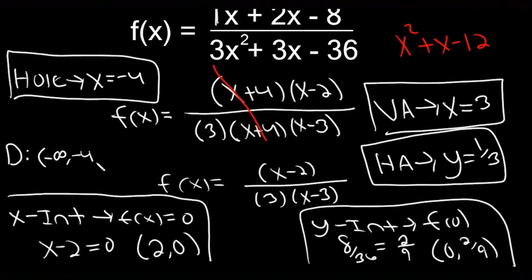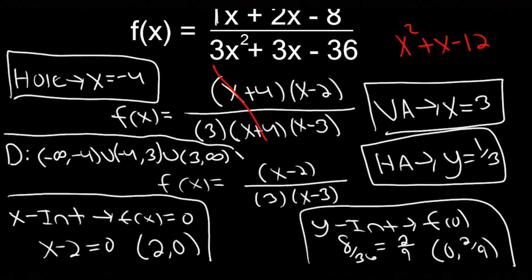Again, I can't be on it. And then union. And then I go from -4 to, well, then I'm going to hit my vertical asymptote, which is 3. Okay, and then union. And then I go from 3 finally to positive infinity, close it, and there you are. It's done. Okay, that is going to be your domain.